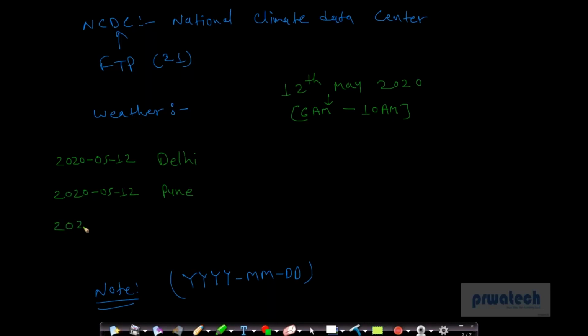I will create for the next date, which is 13th May, and this is again for the city called Delhi. From 12th to 13th, you have 2 dates of results, and 6 a.m. to 10 a.m.